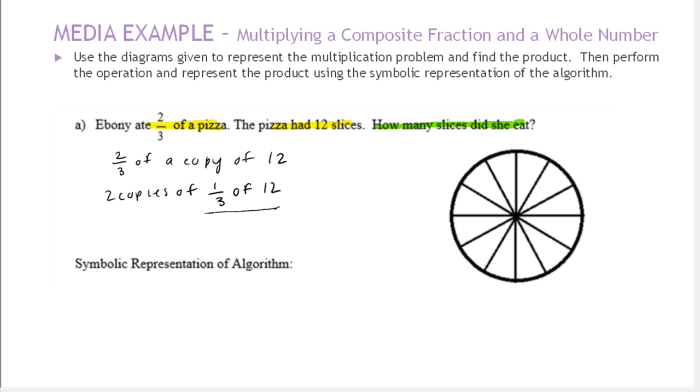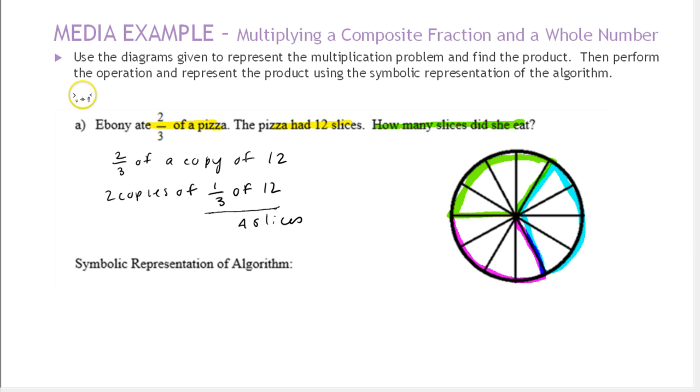So let's just draw our picture. To find 1/3, we divide 12 by 3, we get 4. We see that each third is 4 slices. So 1/3 of 12 is 4 slices.